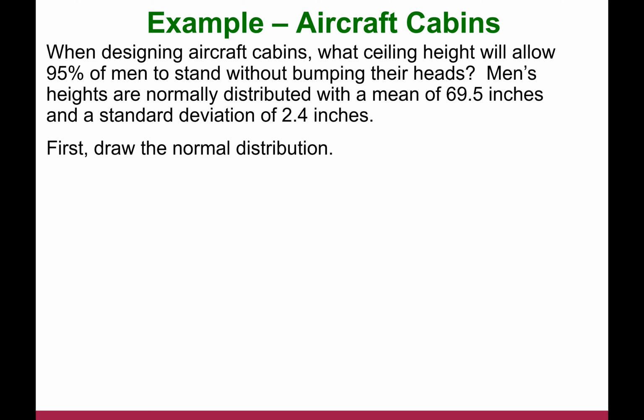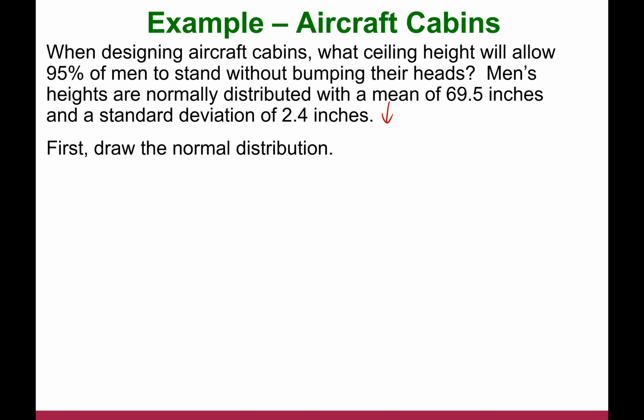And let's take a look at the example on the aircraft cabins. We're designing aircraft cabins with ceiling height to allow 95% of men to stand without bumping their heads. Men's heights are normally distributed with a mean of 69.5 inches, standard deviation of 2.4.